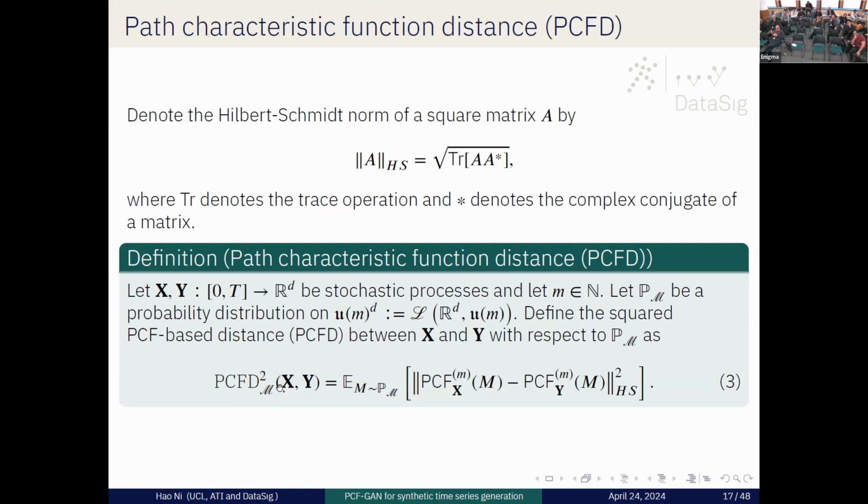The PCFD distance of X and Y associated with curly M is defined as the expectation of the L2 difference between the PCF of X and Y, where this expectation is taken under the measure curly M.